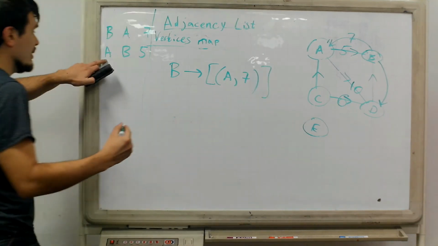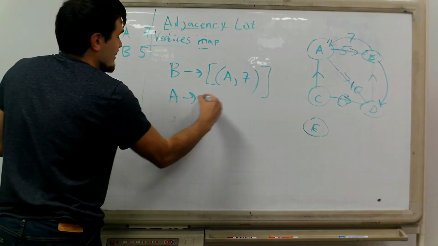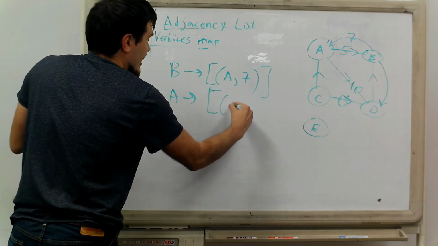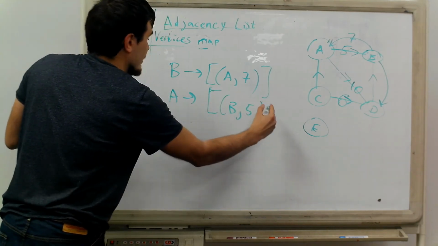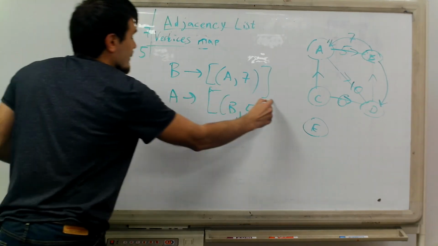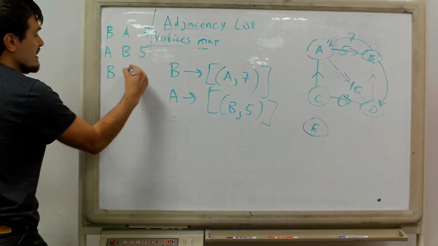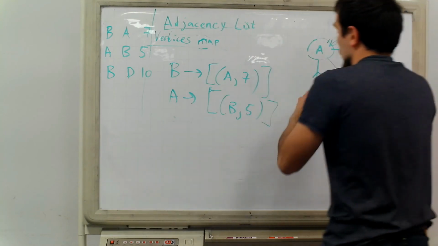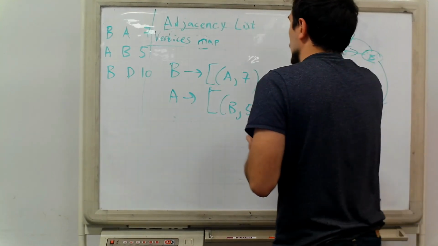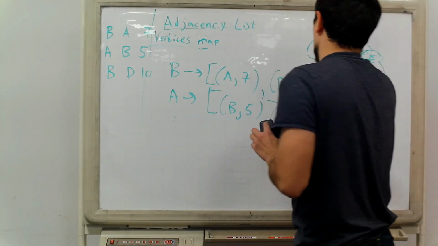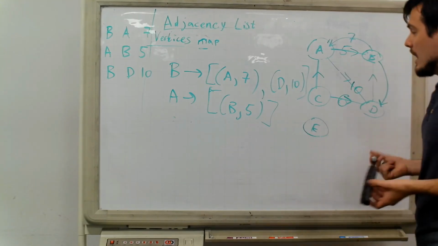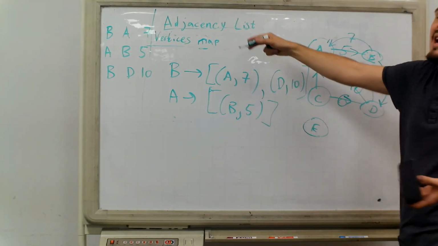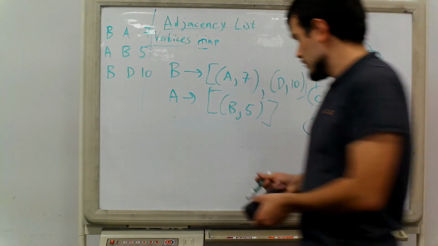Then you read this next one, because it doesn't exist, you create it, and you do something like this. Now if you have something like B to D with 10, then you would see that this entry already exists, and you would just append to this list. This is a very common pre-processing you have to do at the beginning of most graph problems.